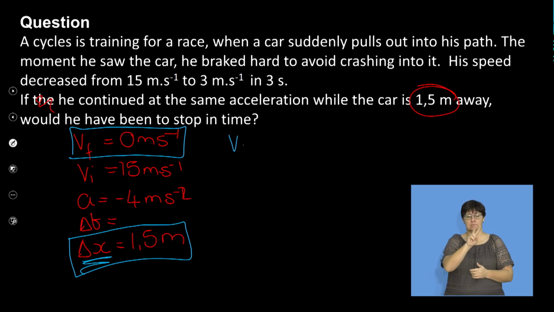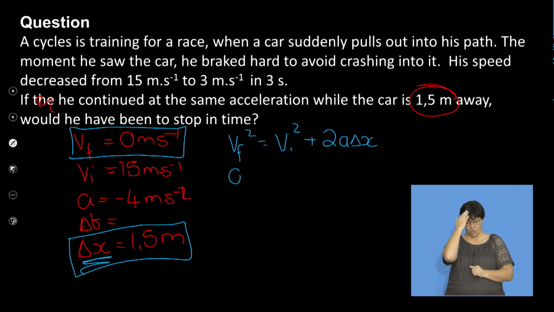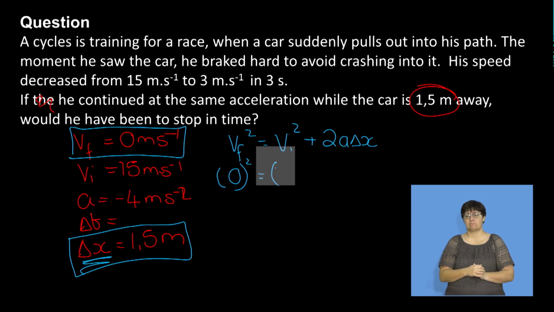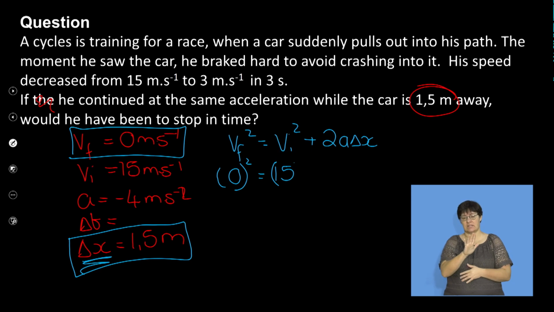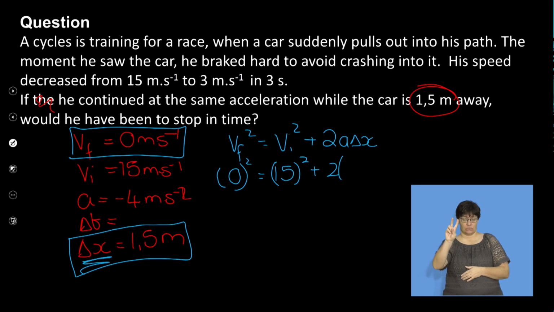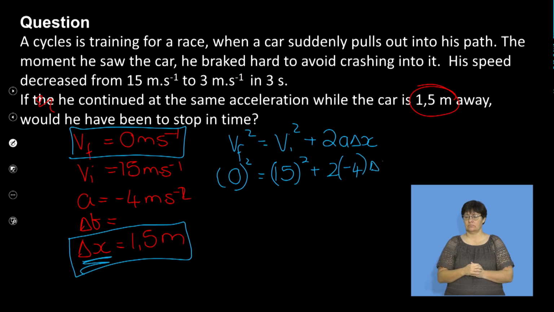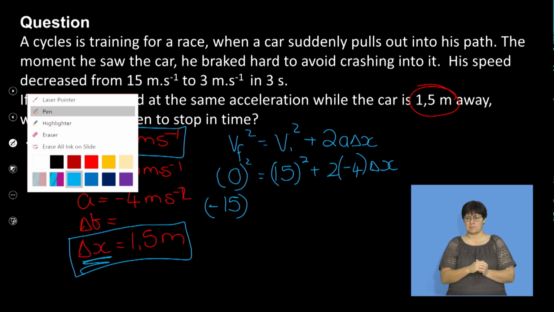So what I would do is go Vf squared equals Vi squared plus 2a delta x. We know he needs to stop. We know that he was going at 15 meters per second. That's -4. So this becomes minus 15 squared equals... you know, the minus should be in the other place. It should be outside the bracket. Give me a second.